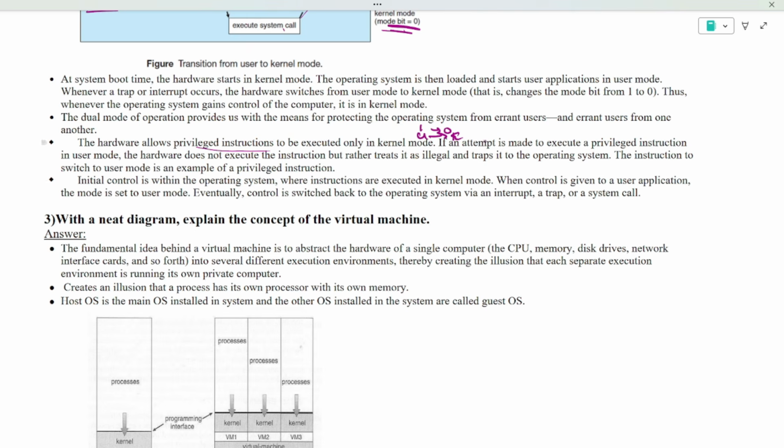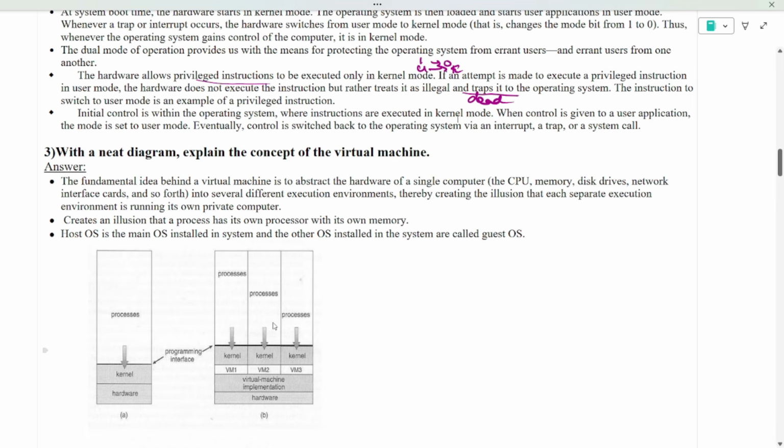It will treat it as illegal and it will go to the trap state. Trap is nothing but a dead state. And the instruction to switch to user mode is an example of a privileged instruction. Initial control is within the operating system. All this you can go through; I have mainly explained what is required for you to write.